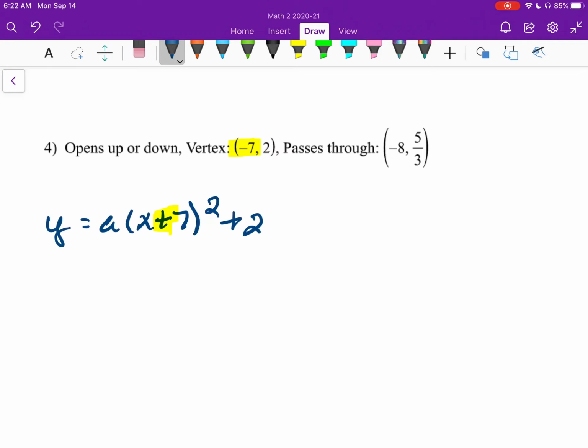So finding our a, look at that, we've got an ugly fraction. So we're going to have 5/3 equals a(negative 8 plus 7) squared plus 2.